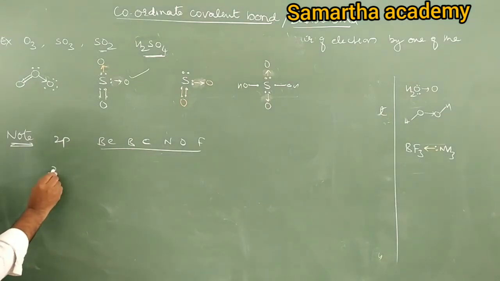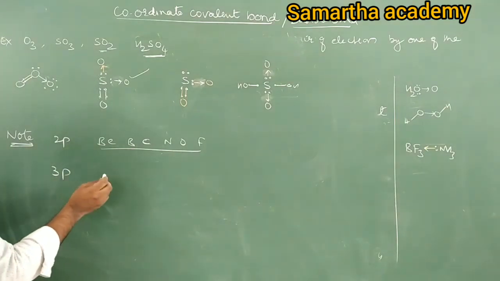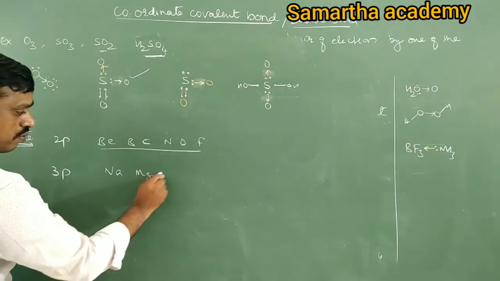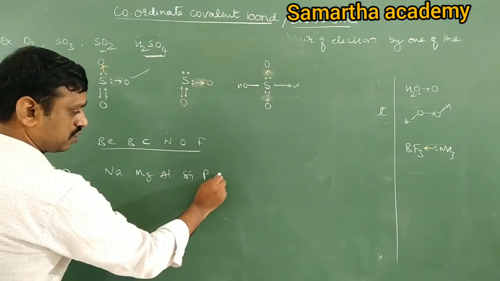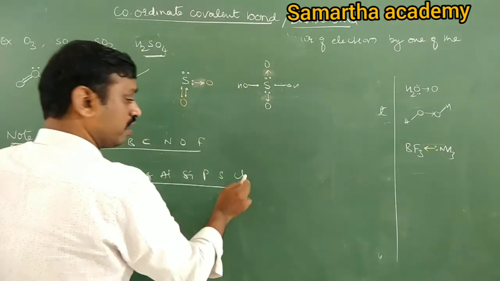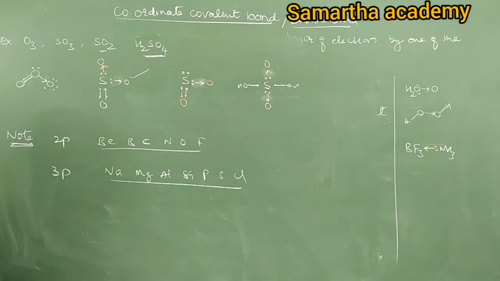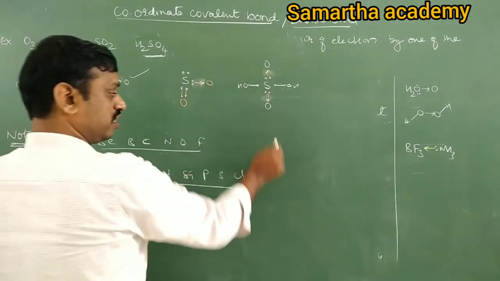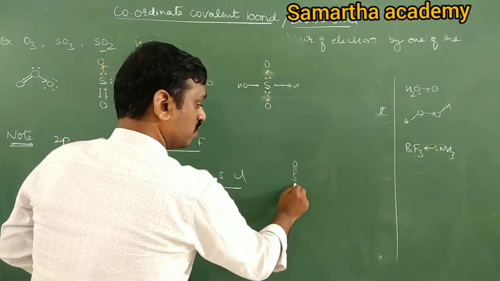But in case of third period elements like sodium, magnesium, aluminium, silicon, phosphorus, sulfur, chlorine, etc., these have vacant d orbitals in their third shell. Due to the presence of vacant orbitals, they can expand their octet. So therefore, the sulfuric acid structure is possible.